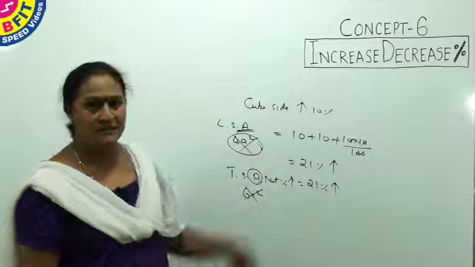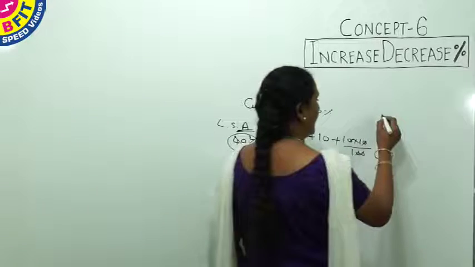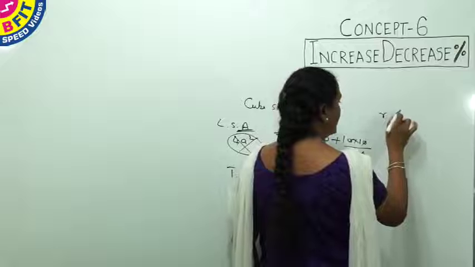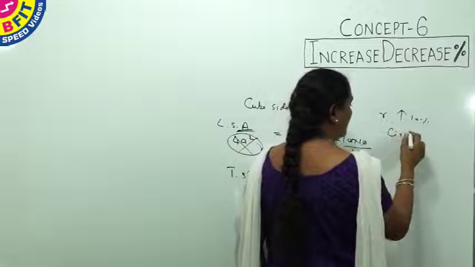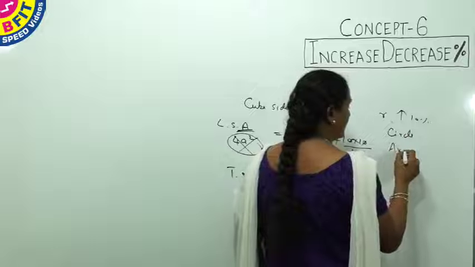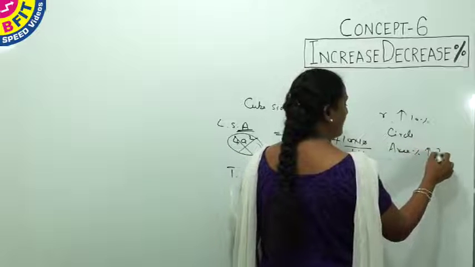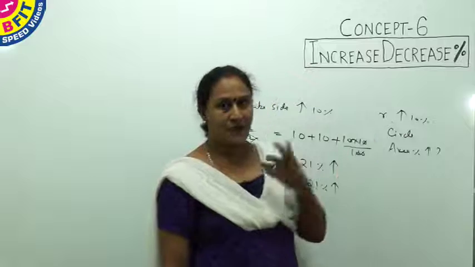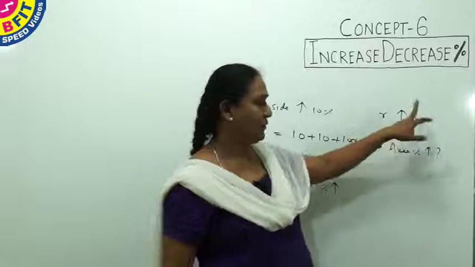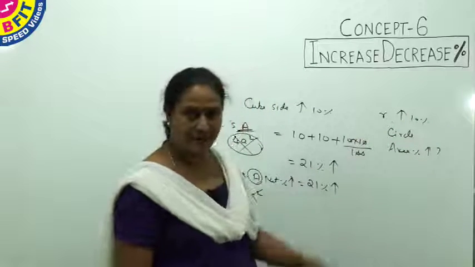And suppose this 10% is for radius, so radius is increased by 10% for a circle. Now what will be the increased percentage in its area? So again it is area for a circle, pi r square, so both are of same unit, so increase will be the same 21%.